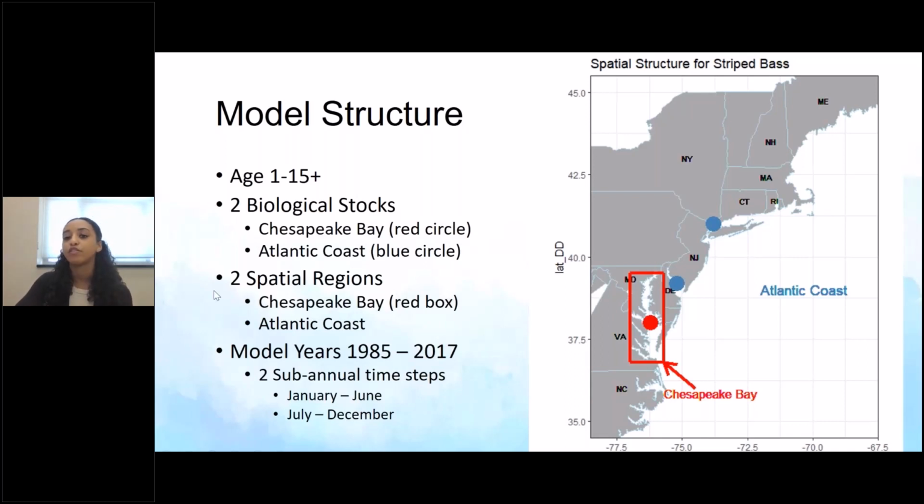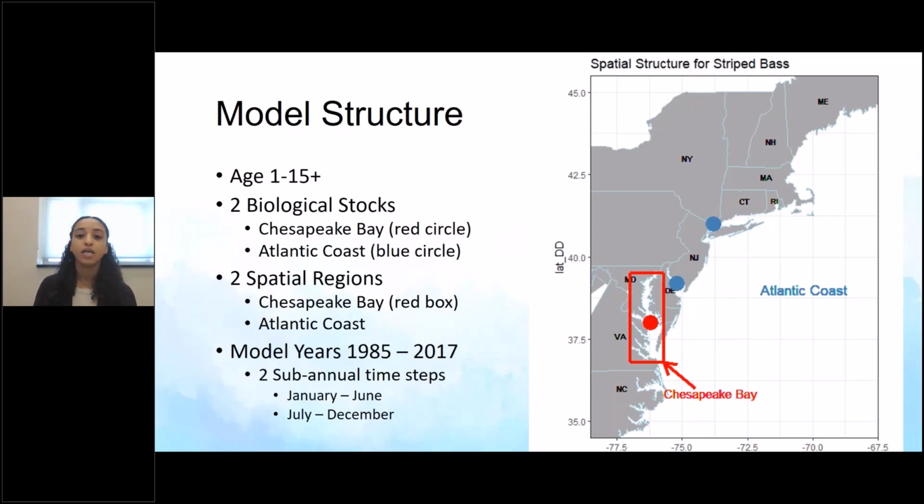We also have 2 spatial regions to match that biological structure, the first being the Chesapeake Bay, shown in this red box, and the rest also being called the Atlantic coast, which is coastal waters, everything else outside of the bay from Maine through coastal North Carolina.